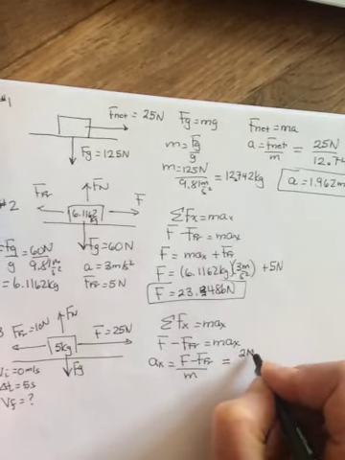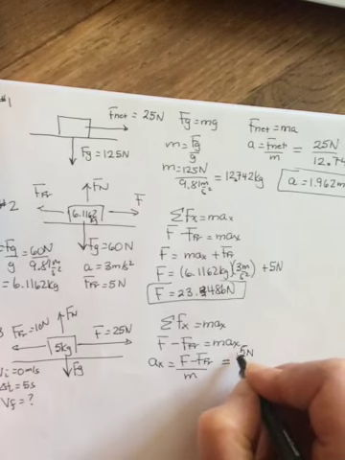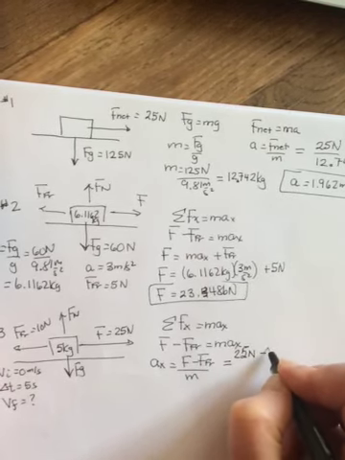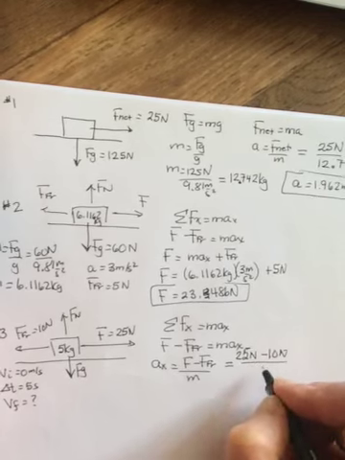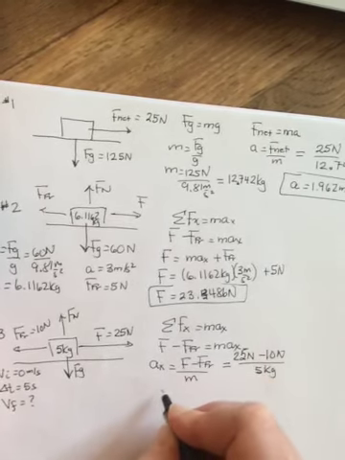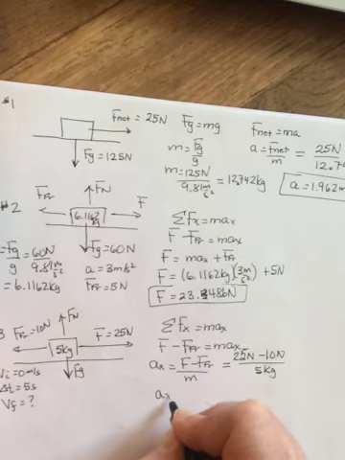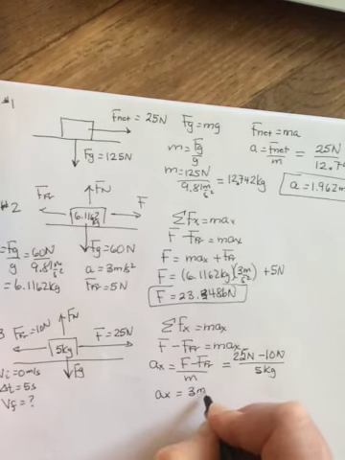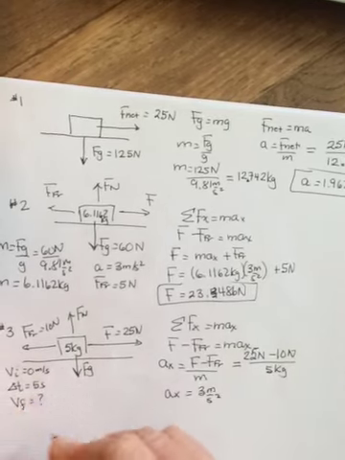So 25 newtons, whoops, except I missed the 5. 25 newtons minus 10 newtons divided by 5 kilograms. On the top, you get 15. 15 divided by 5, Ax is 3 meters per second squared. And now you want Vf.